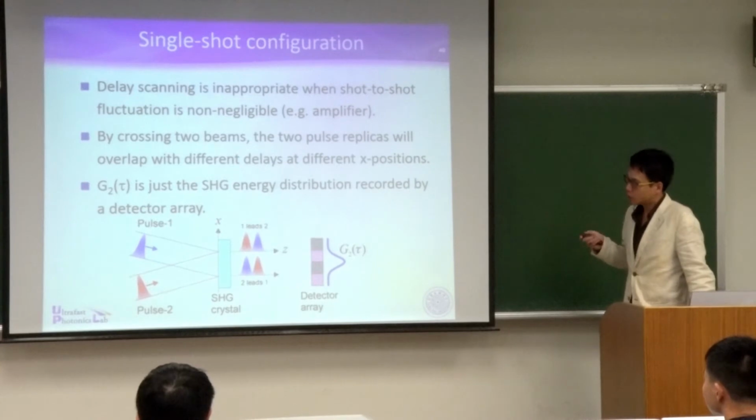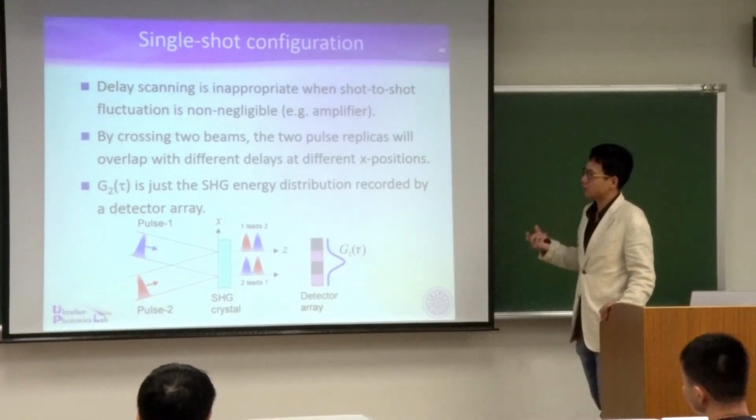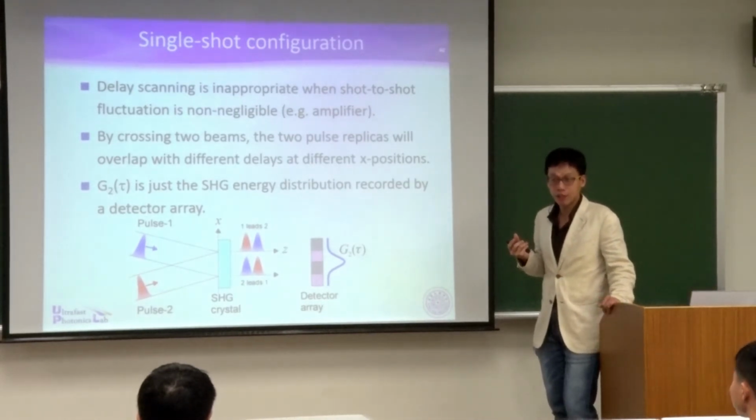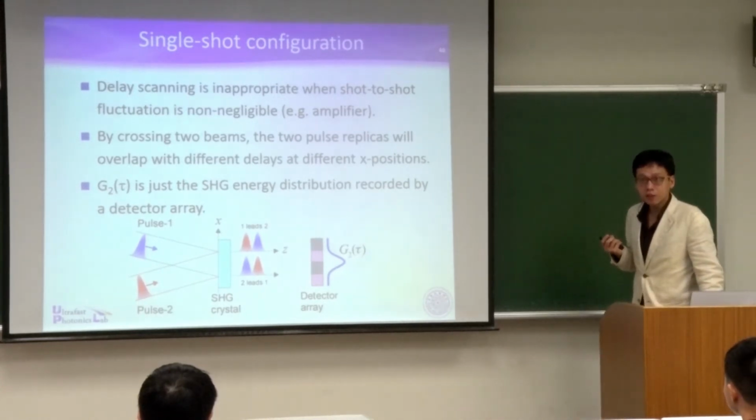Okay, so you have to roughly know the parameters of the unknown pulse in advance, such that you can balance the window size and the time resolution to establish an appropriate setup for that purpose. Okay, any question?